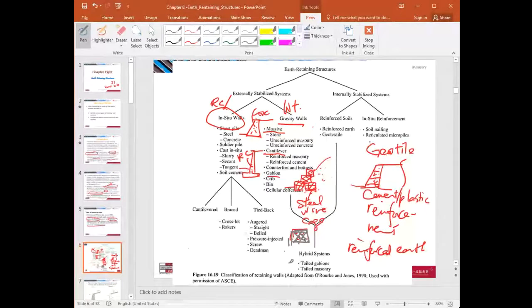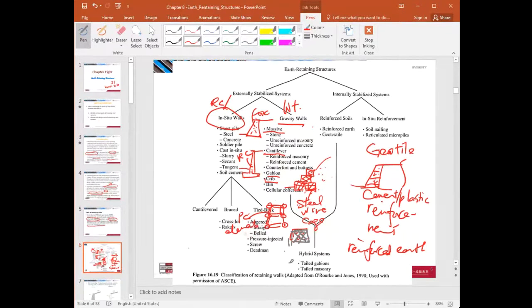And also you may have the crib walls. Crib walls means you have pieces of precast concrete elements, precast beam elements.